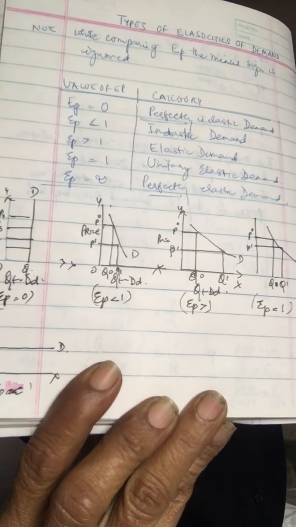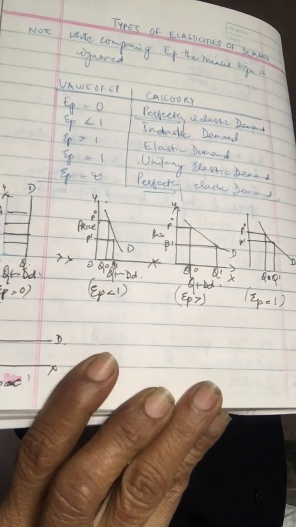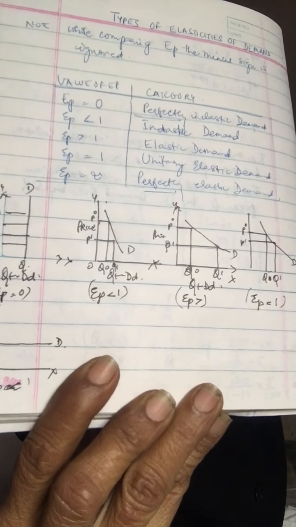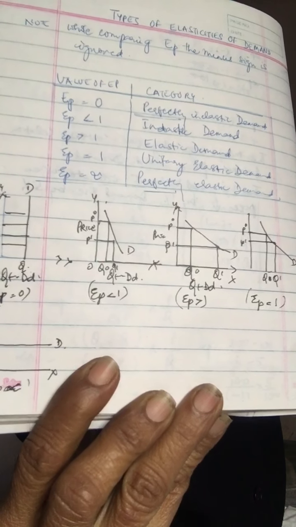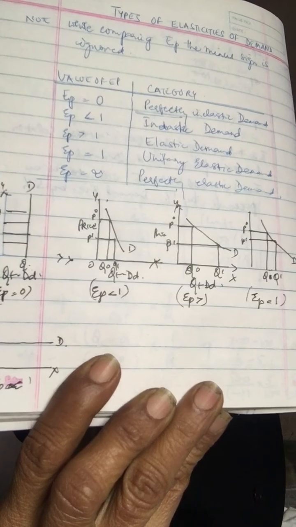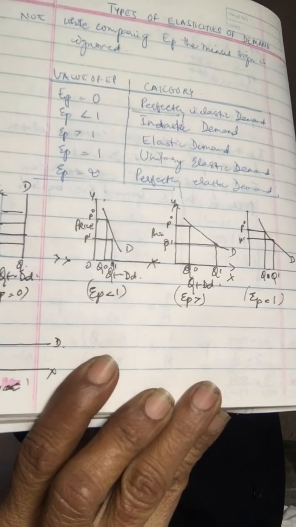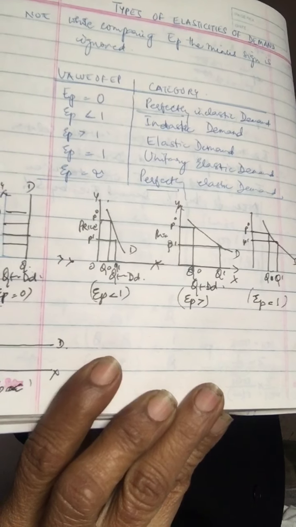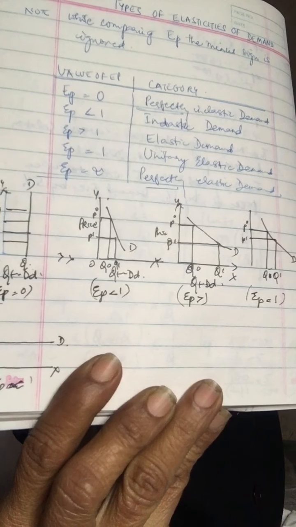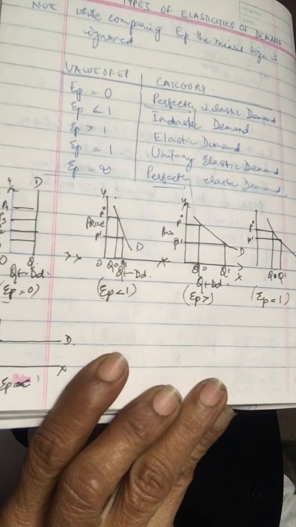The slope of a vertical line is infinite. We know that elasticity of demand is equal to 1 upon the slope of the demand curve into P divided by Q. So accordingly, elasticity of demand at any point on the demand curve is equal to 1 upon infinity into P by Q, which is equal to 0.